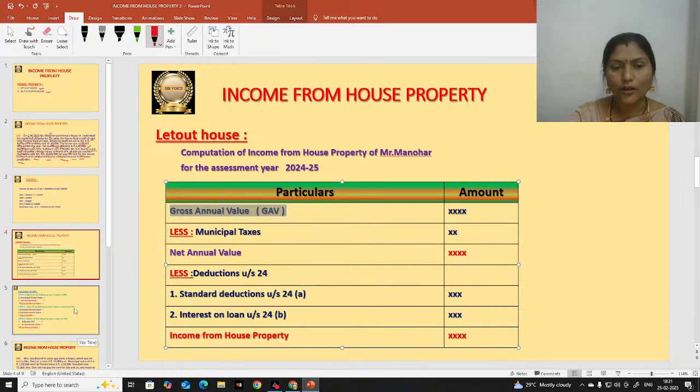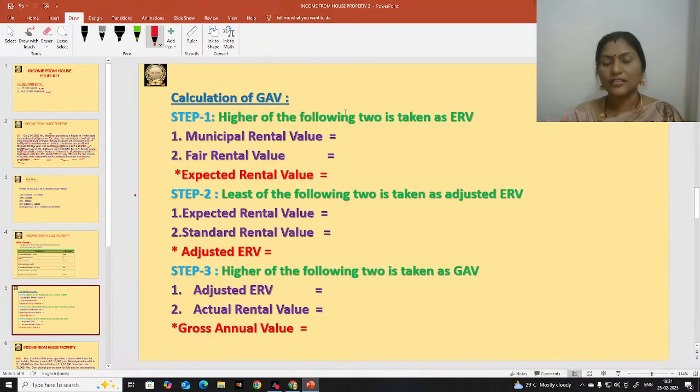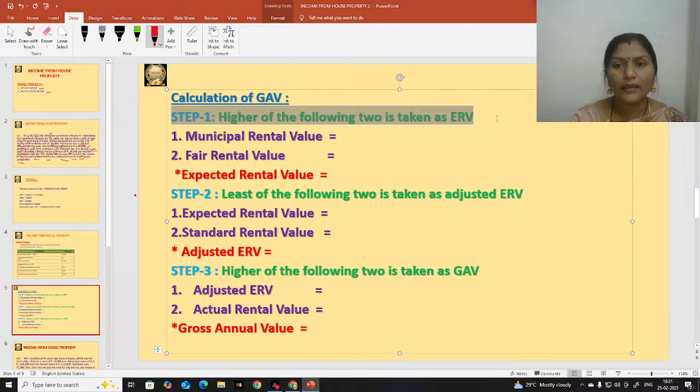Let us calculate gross annual value. These are the steps that we should follow for calculation of gross annual value, students. So a total of 3 steps are there. In 3 steps we are going to calculate the gross annual value. First step is: higher of the following two is taken as ERV.